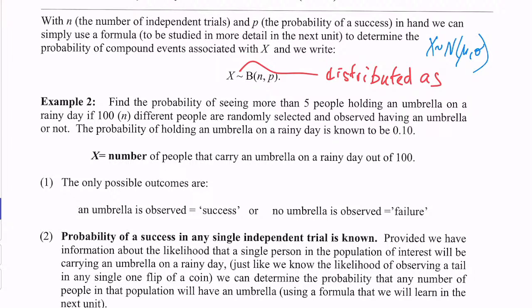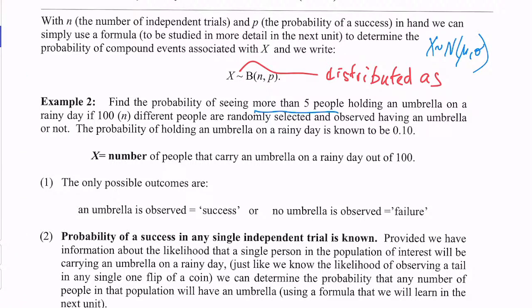So we want to see if we need more than 5 bags at any given time. So we're going to look at 100 different people and see if they have an umbrella or not. So what would be the probability of seeing more than 5? That's what I want to find out.